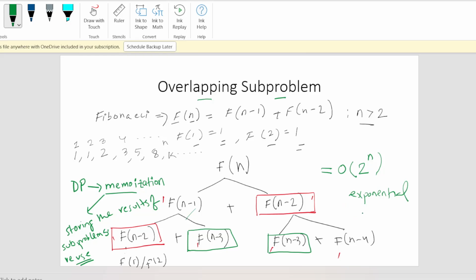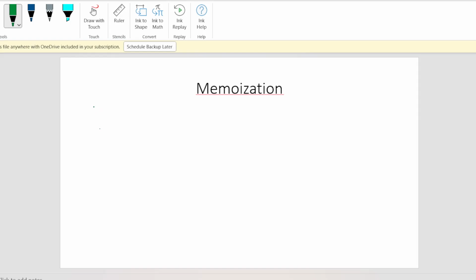Now let's see what happens if we memoize. Again, memoization is nothing but storing the results which are redundant.